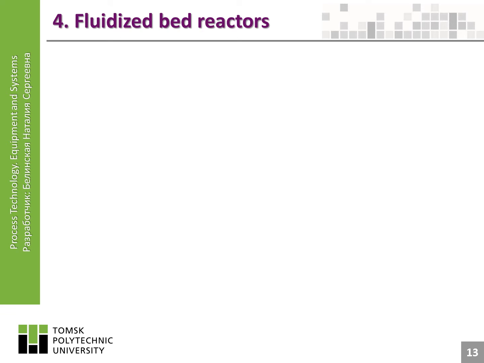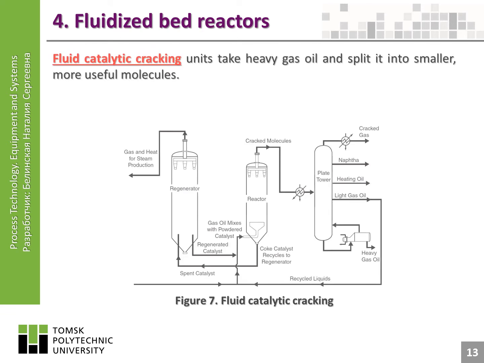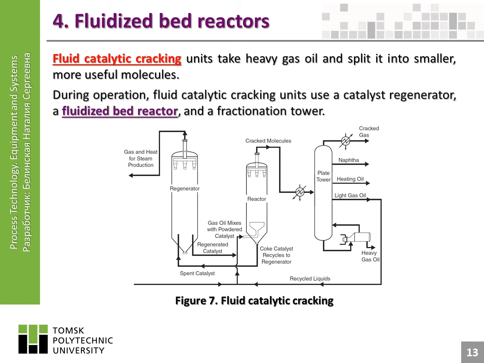Fluid catalytic cracking units take heavy gas oil and split it into smaller, more useful molecules. During operation, fluid catalytic cracking units use a catalyst regenerator, a fluidized bed reactor, and a fractionation tower.